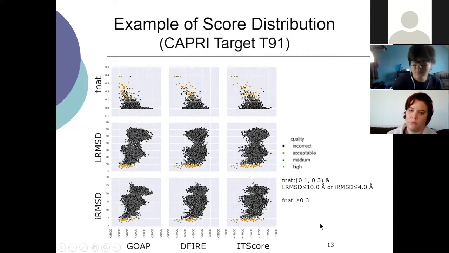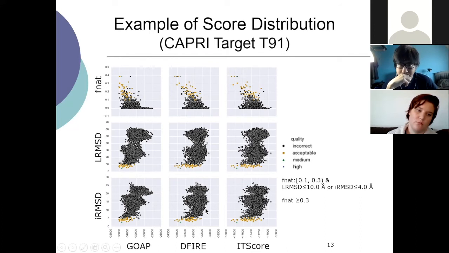This is one example of how rank, or actually the scoring function, and accuracy correlate. So maybe we can look at this interface RMSD. IRMSD is interface RMSD, so this is the RMSD value computed only at the correct interface atoms.